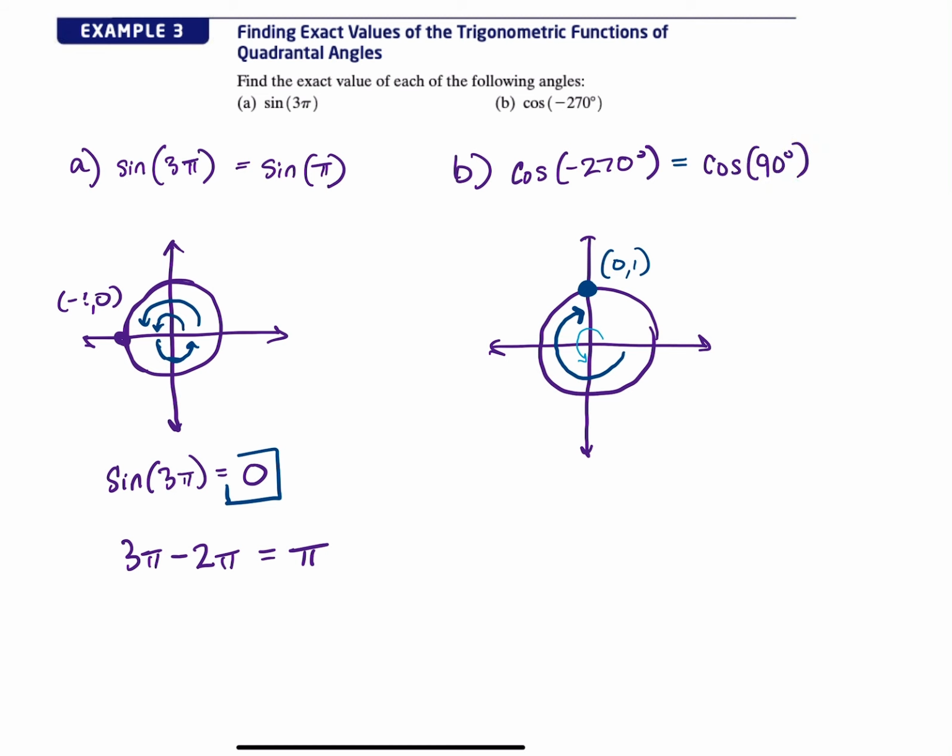So they'll share trig values. And the cosine is the x coordinate, so this will be equal to 0. So the main point here is that coterminal angles share trigonometric values because they produce the same point on the unit circle.